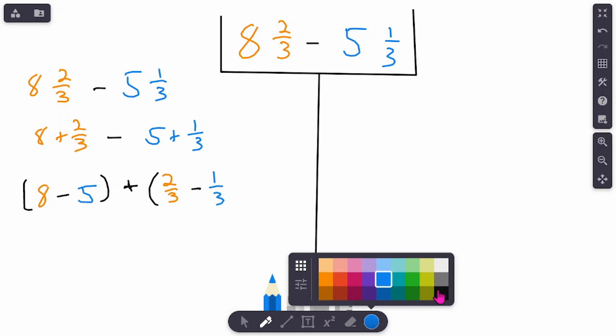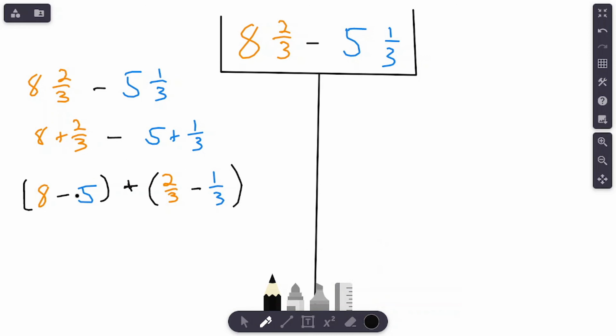There we go. Now let's do it. Subtract the whole numbers. 8 minus 5 gives us 3 plus. Now let's write down our fractions because we're not trying to do more than one step at a time. So 2/3 minus 1/3.